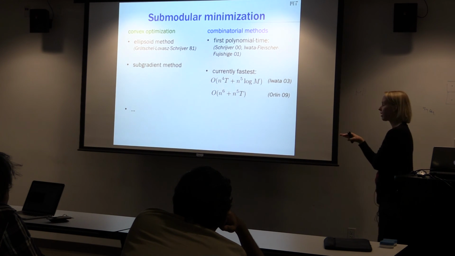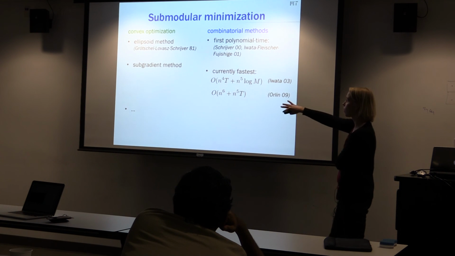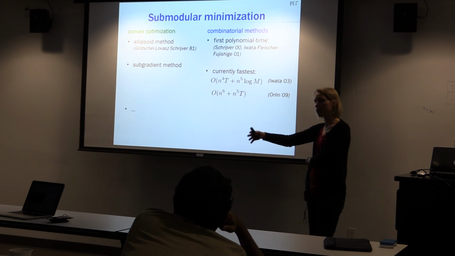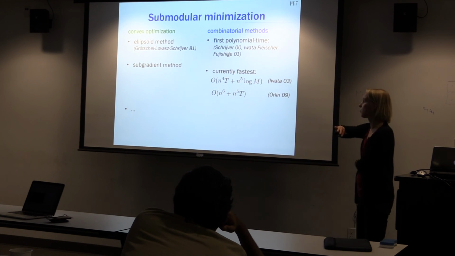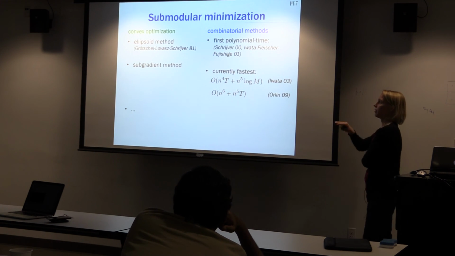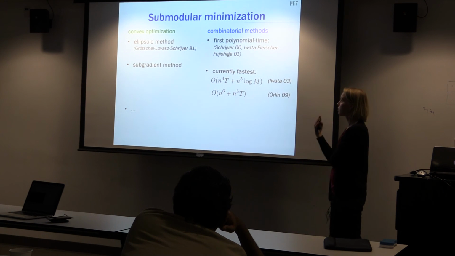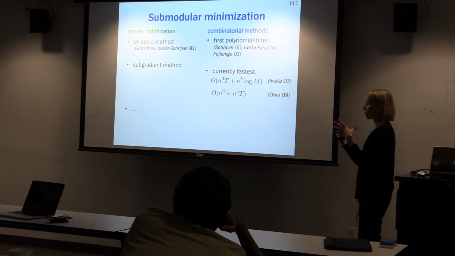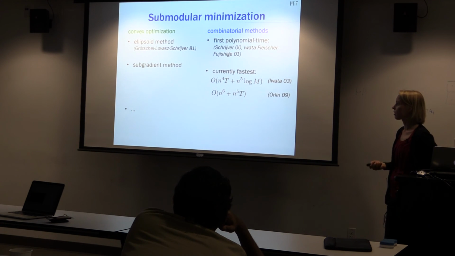These combinatorial algorithms don't minimize the Lovász extension, but look at the dual problem, which is an optimization problem over the base polytope, and they solve that with combinatorial, network flow type methods. Essentially the challenge is that you have to stay in the polytope.